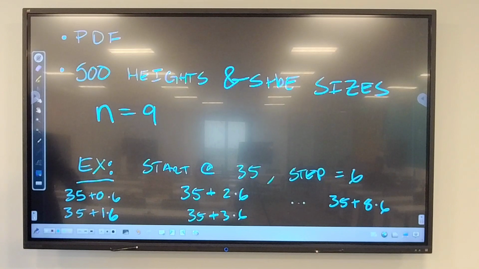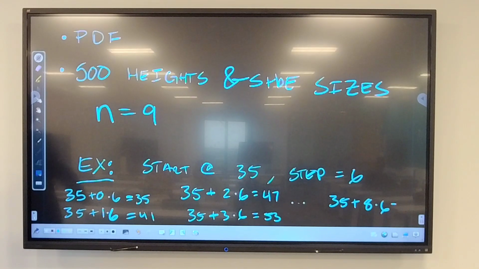I can explicitly find what all those numbers are pretty readily, and each of those heights and shoe sizes are numbered, right? So I would do number 35 and then number 41, and then 35 plus 12 is 47. And I just add 6 again to 47, get 53, and so on.